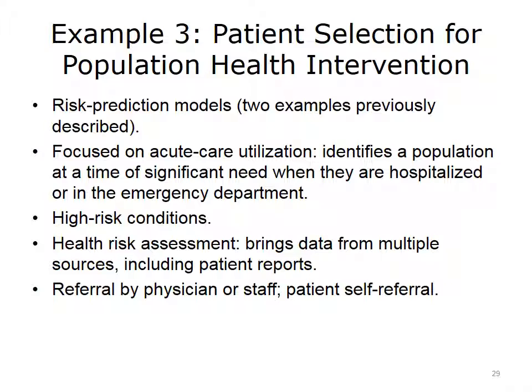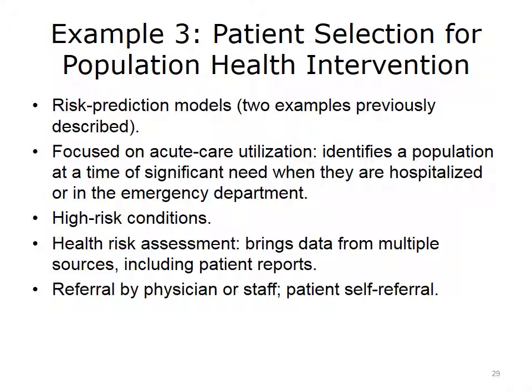Another way to select patients is through an acute care utilization focus. This is done by identifying patients when a significant need occurs, such as a hospitalization or an emergency department visit. Or we could focus interventions on patients with a particular high-risk condition, such as diabetes or chronic renal failure.